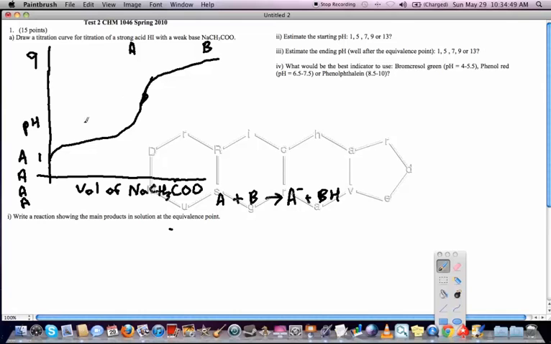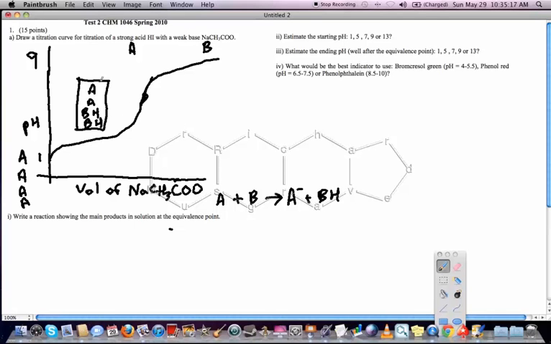Alright, so let's look at what's going to be present if we have 2 of these acids reacting with 2 of the weak bases. So what we'll have is 2 A's that didn't react, and then we'll have 2 acids that react with a weak base.